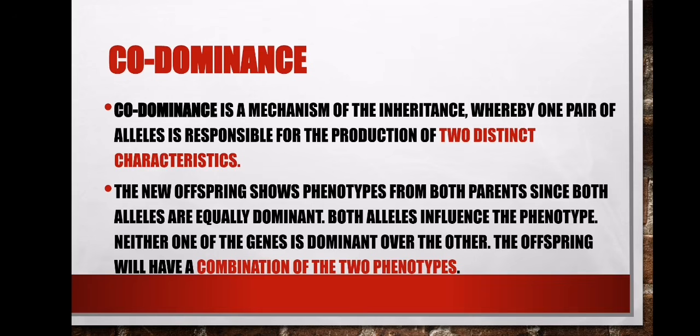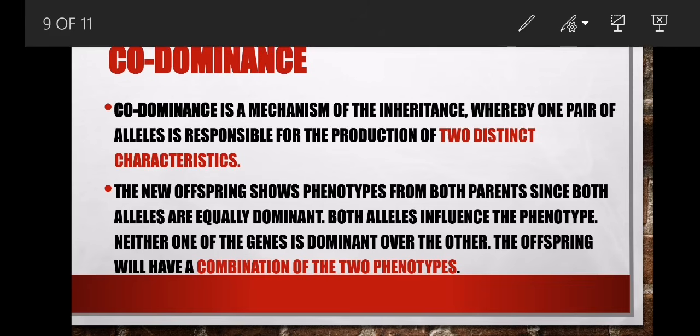So what is happening here, people? When you cross two parents in codominance, the offspring will show both the characteristics of the parents. Hence we say this allele of the offspring produces two distinct characteristics.